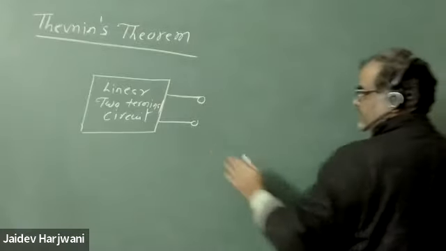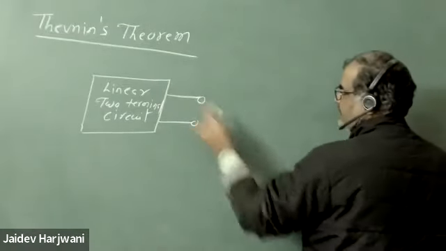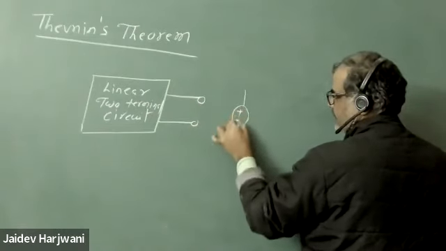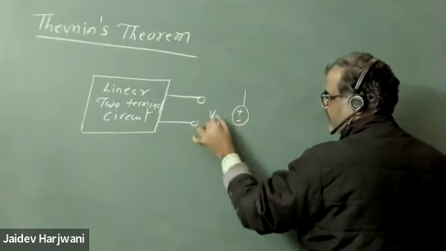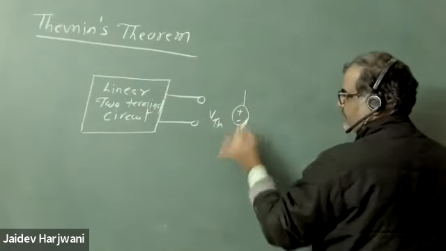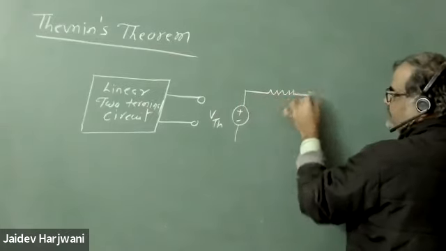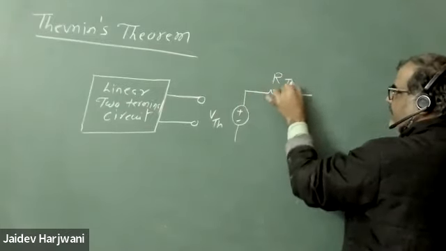Thevenin's theorem says that this linear network can be replaced by a voltage source called VThevenin along with a resistance in series, which is called RThevenin.